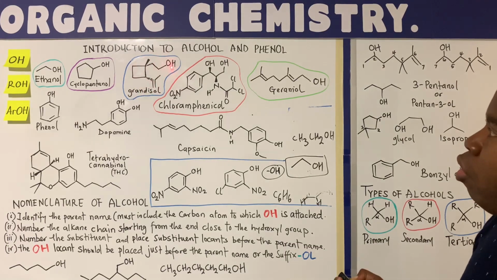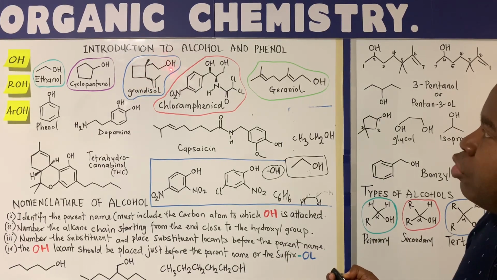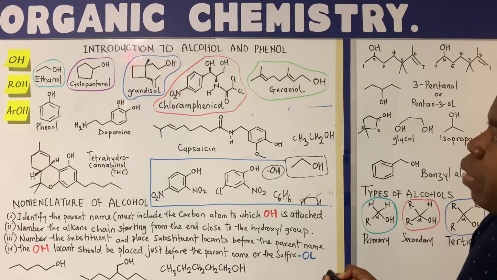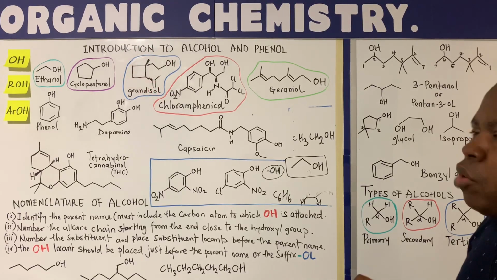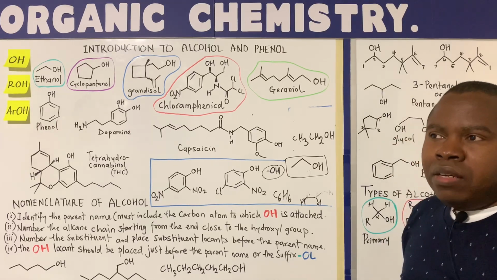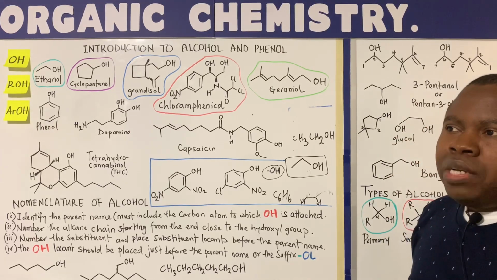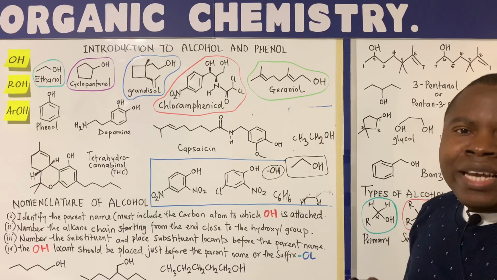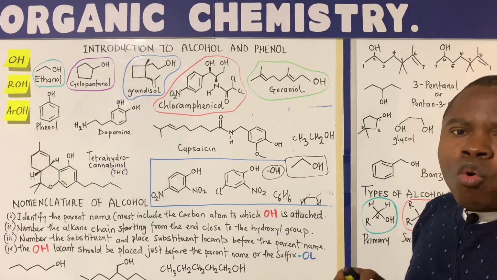It's an alcohol, as you can see the hydroxyl group that is in the molecular structure of the compound. This is the compound called grandisol. And in most cases, if you are dealing with an alcohol, you will have the compound name end in OL.